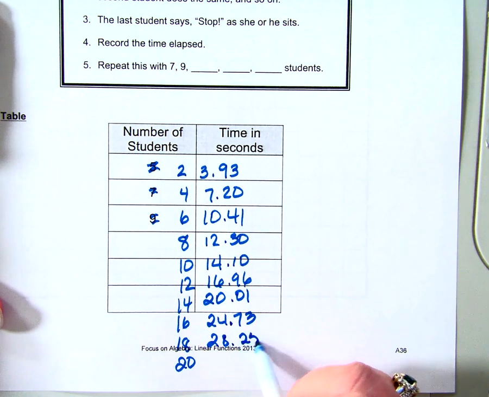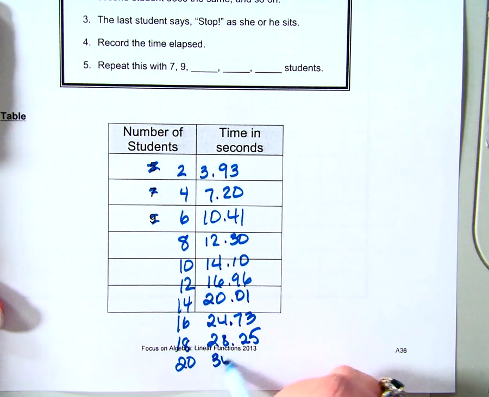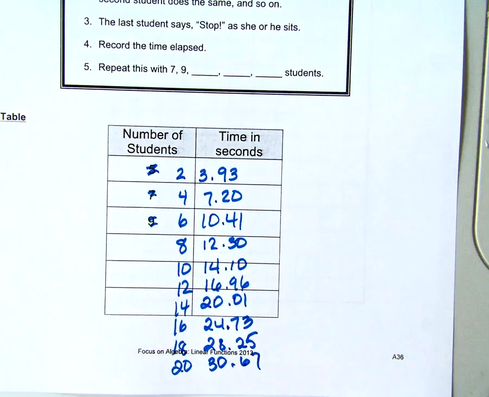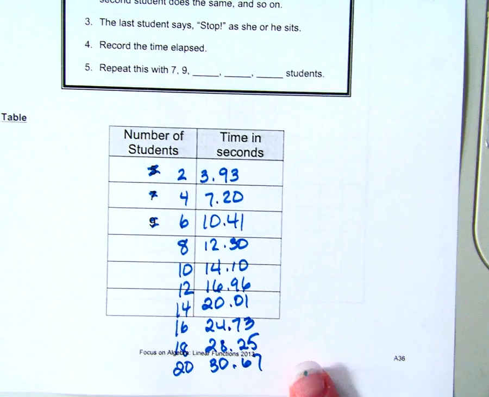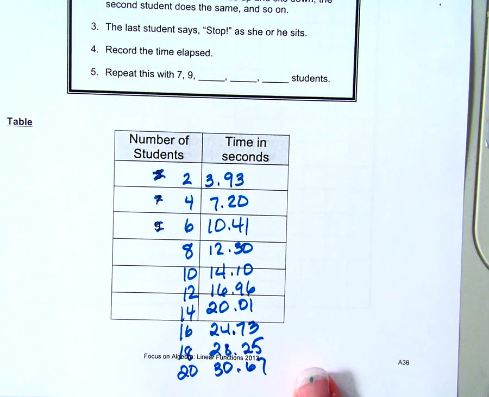And 20 is 30.67. Okay? So you have this table copied down. I know you're not going to end up using it because the chart we need to make is on the back. So unless you want to keep flipping back and forth, that's why I left the table on the board.